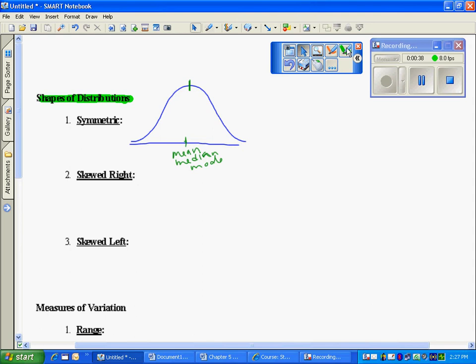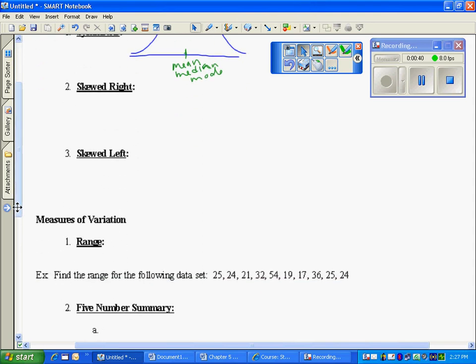When we have a distribution that is skewed right, it has the peak and then it has a tail on the right-hand side. And if you recall, mode is the most, so that would be the peak. Median is the middle. So when I start plucking off data one for one, it's going to end a little bit on this side.